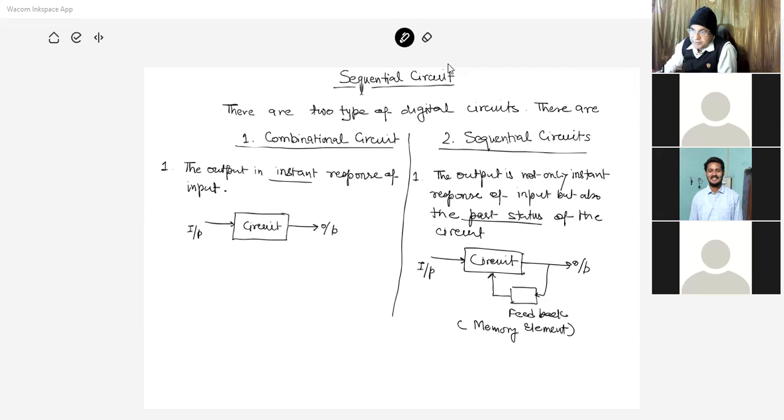So what we draw here: in the combinational circuit, no need of memory unit. In this case, the memory unit is necessary.